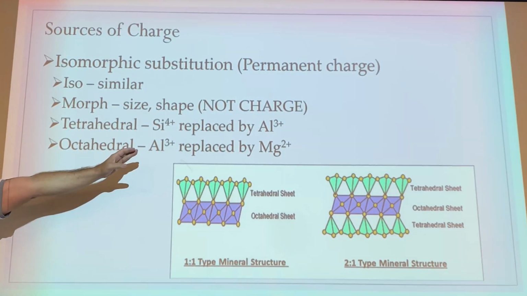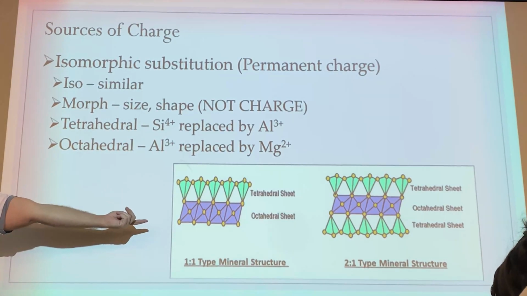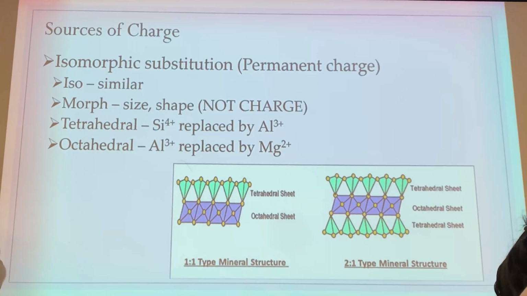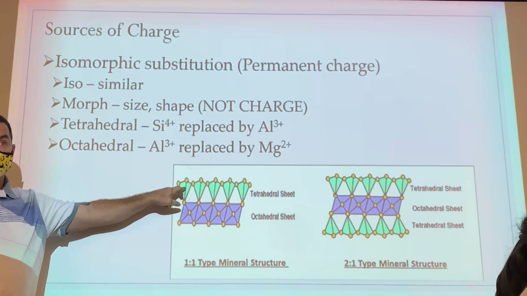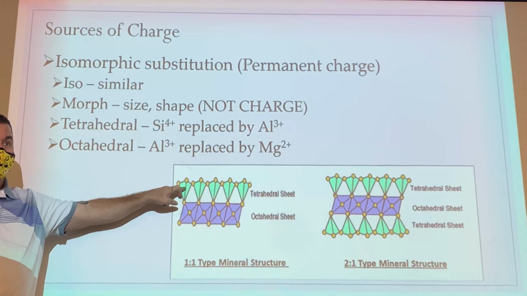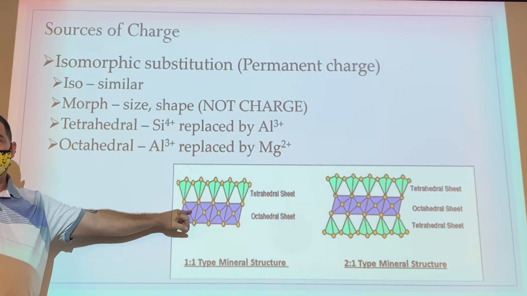However, the charge has everything to do with the CEC of that soil. We are really just talking about a size substitution to fill a gap in the central atom of either the tetrahedral or the octahedral. Not the charge, size.